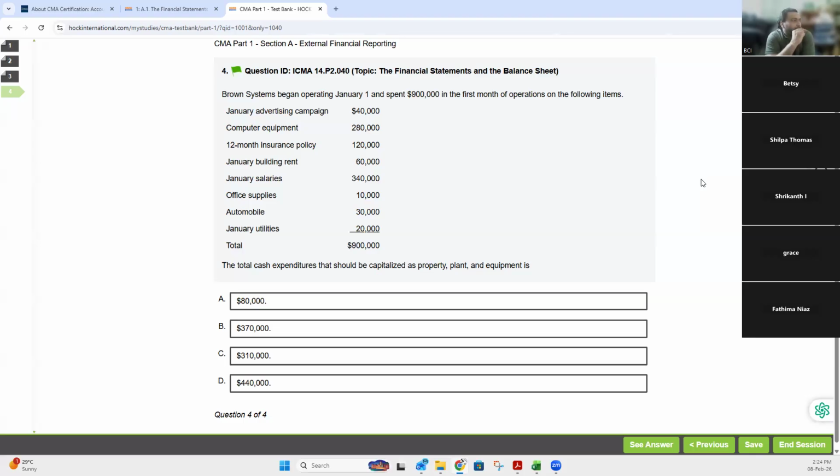How did you get 370? Computer equipment, building rent, and automobile.